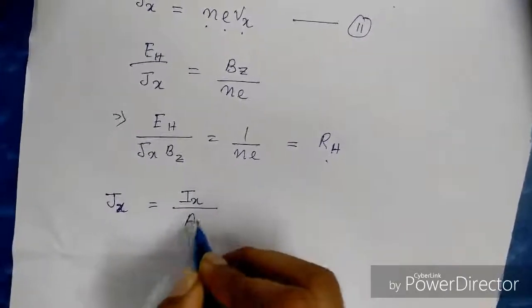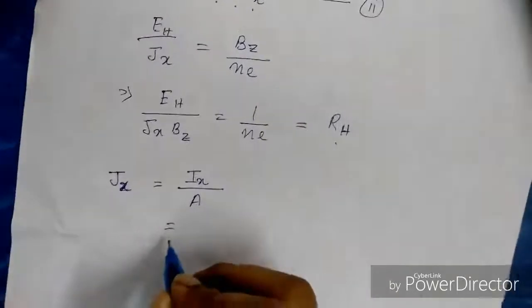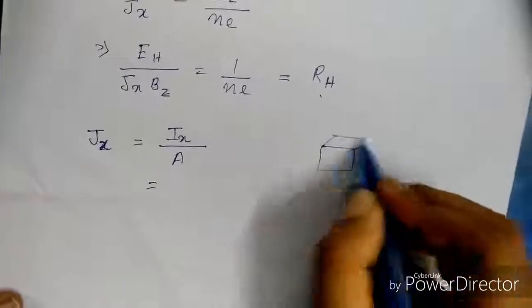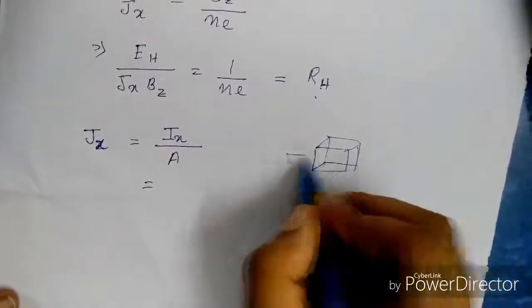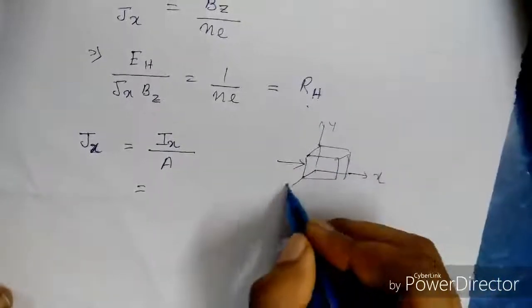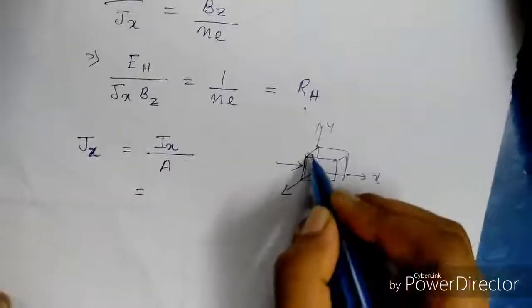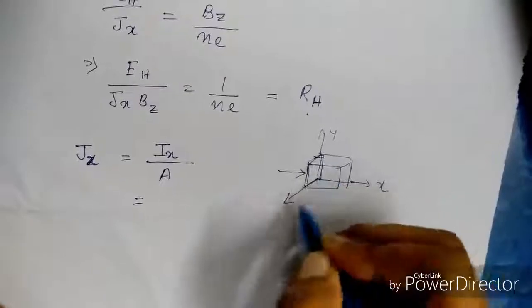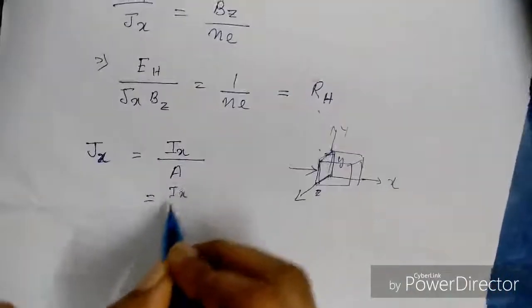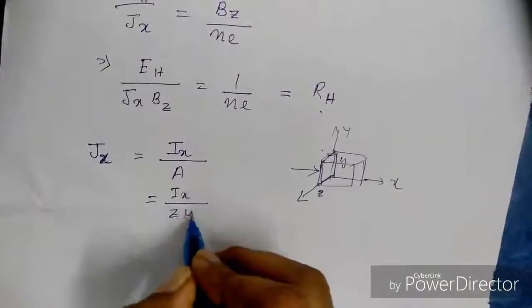Now we know the current density is equal to the current flowing through the surface divided by the surface area. Here we have taken the specimen in this way and the current is flowing in the x direction. So the area is given by this part, that is z into y. So Jx is Ix by z into y.